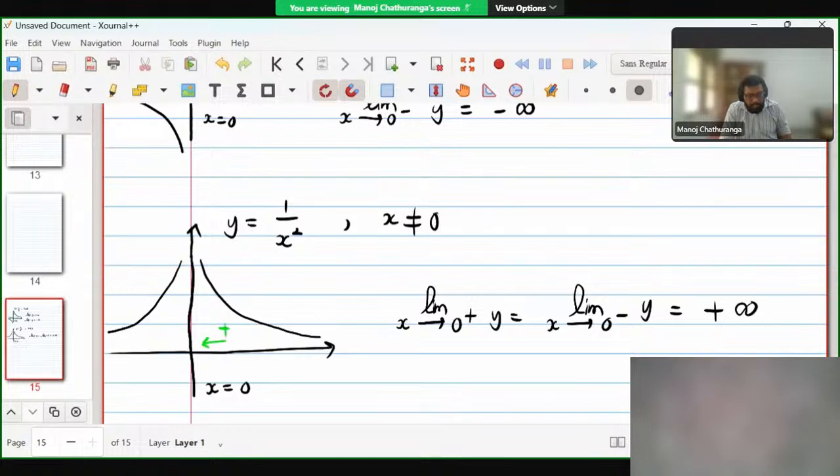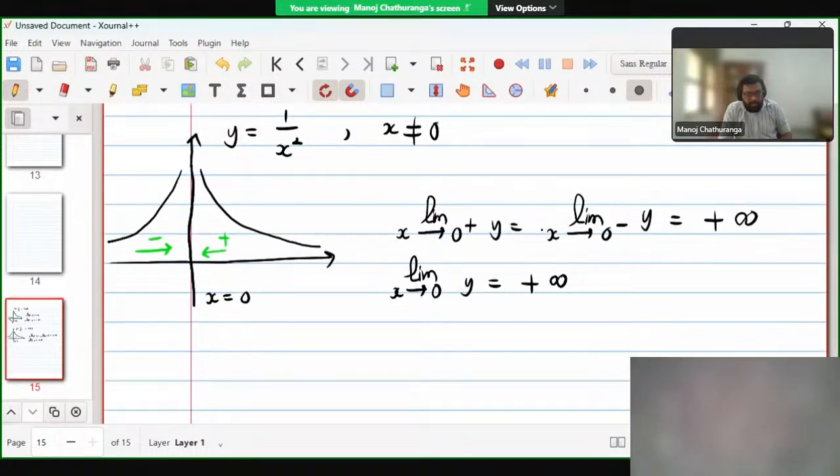Both right limit and left limit are equal to positive infinity. So the two-sided limit exists. The two-sided limit is positive infinity, because the one-sided limits are equal. But the problem is the function value is undefined.